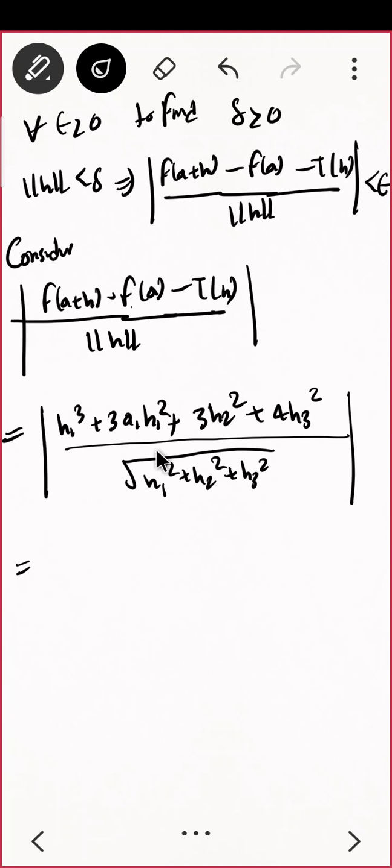This is h1 cube. This is this guy. Tell me. Anybody? Let us take something common. From here, do you see I can take something common?